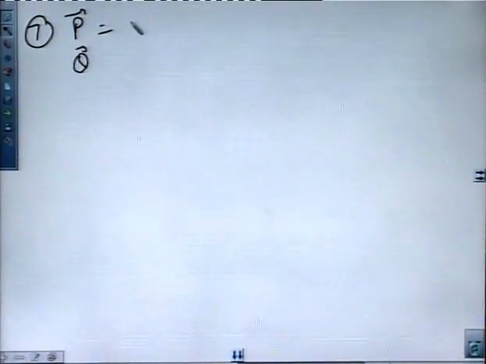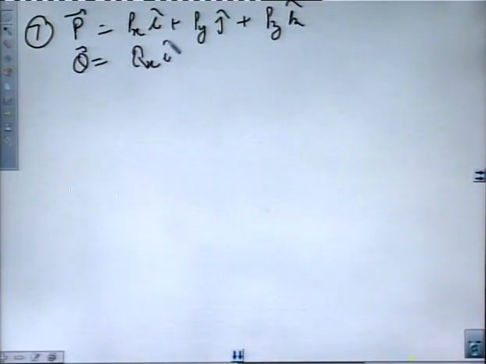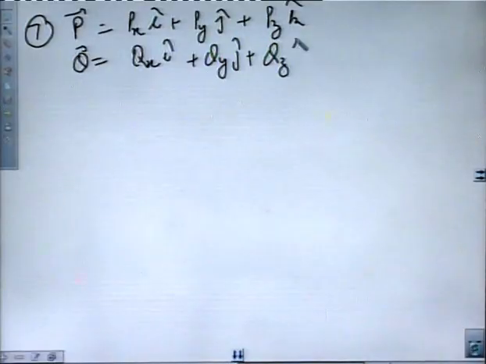Let us have two vectors p and q. P vector is equal to px I cap plus py j cap plus pz k cap. Q vector is equal to qx I cap plus qy j cap plus qz k cap.